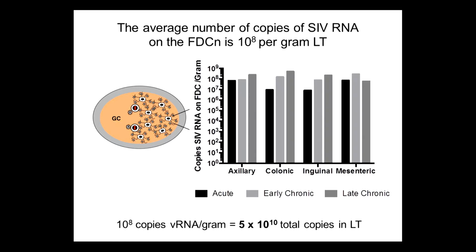That's true across all lymph node tissues and at each stage that we've looked at. So 10 to the 8th copies of RNA per gram translates into about 10 to the 10th total virions in the lymphoid tissue.